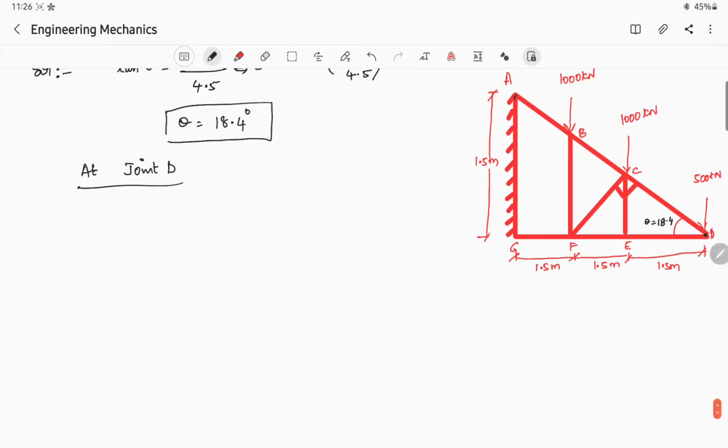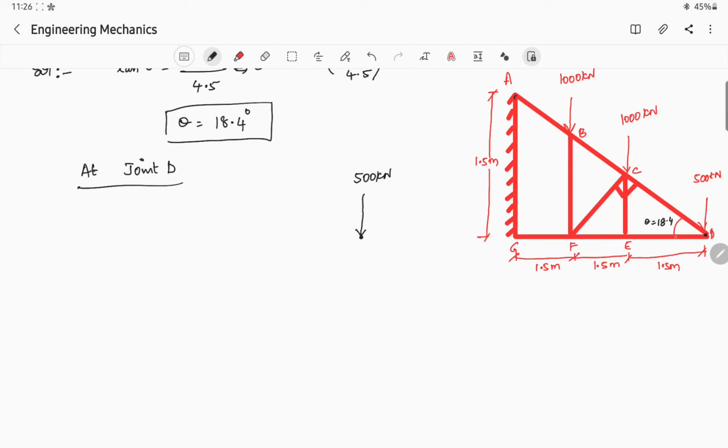Suppose this is my joint D. We have one load which is going exactly in downward direction. Either we can show it like this, or you can show it in this fashion. Both are the same. This is 500 kilonewton.